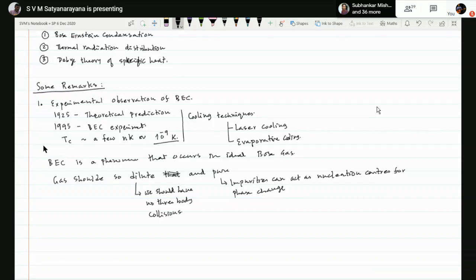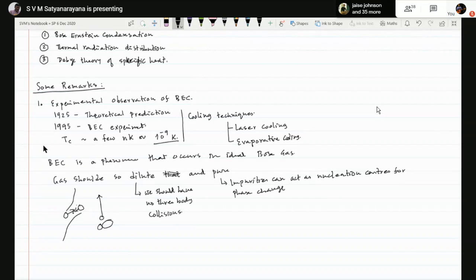Normally what happens is, if you have one object and another object coming and hitting each other, they exchange their momentum and go away. But if there are three particles, then two particles can give their momentum to a third particle, and they can stick together, and that will form a nucleation center.